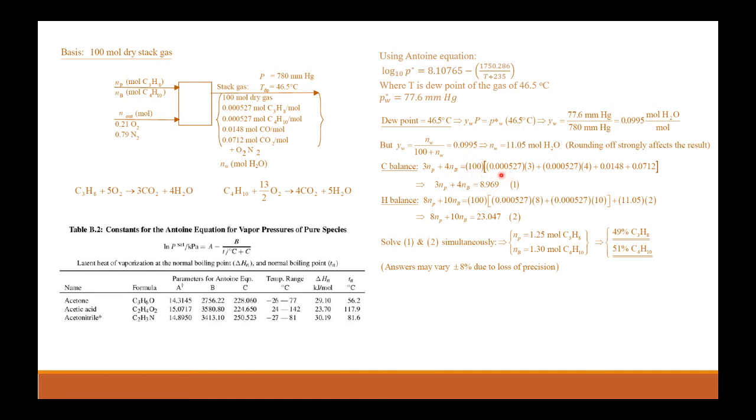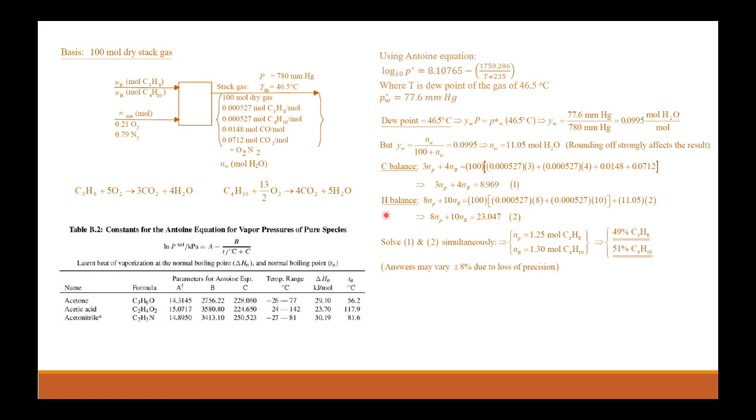You have your propane coming out, your butane coming out, and your carbon monoxide CO coming out, but because you only have 1 mole of carbon per mole of CO, it's multiplied by 1. We're not going to write that in. Same goes for CO2, and you will get this equation.